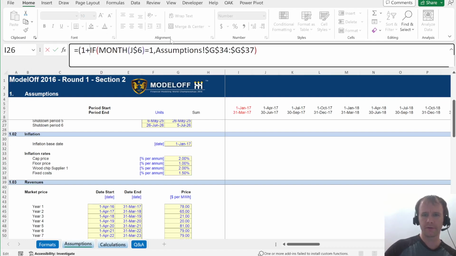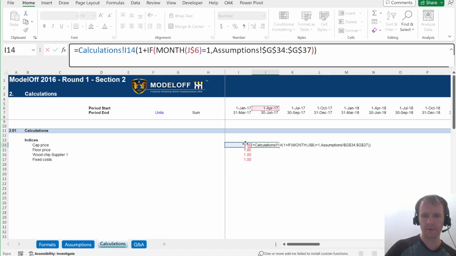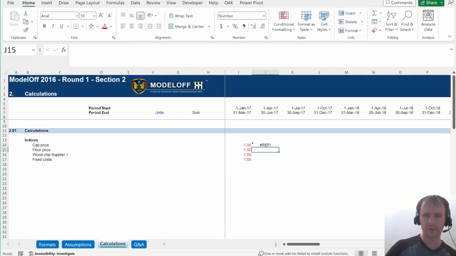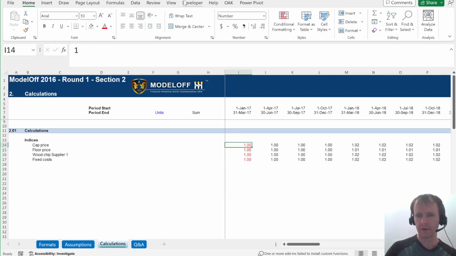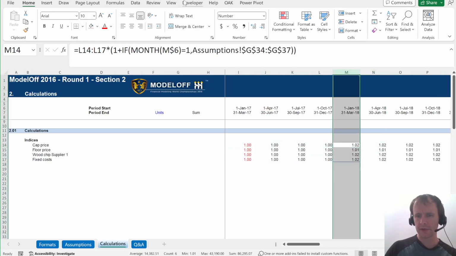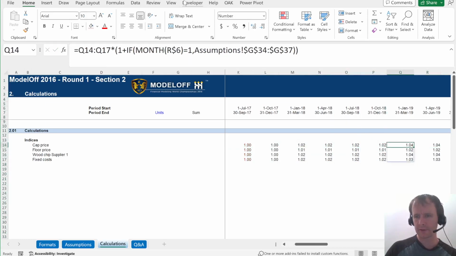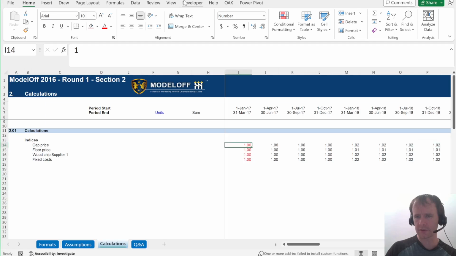I don't need to say otherwise anything because by default IF returns false as the second argument, and 1 plus false is 1, so false is basically 0. So that multiplied by the previous value. Drop the sheet name, that's always annoying. Oh sorry, it would help if I put in the multiplication sign. Okay, and then we carry across. So on the 1st of January it goes up, on the 1st of January it goes up, and so on across. That seems to be working fine.